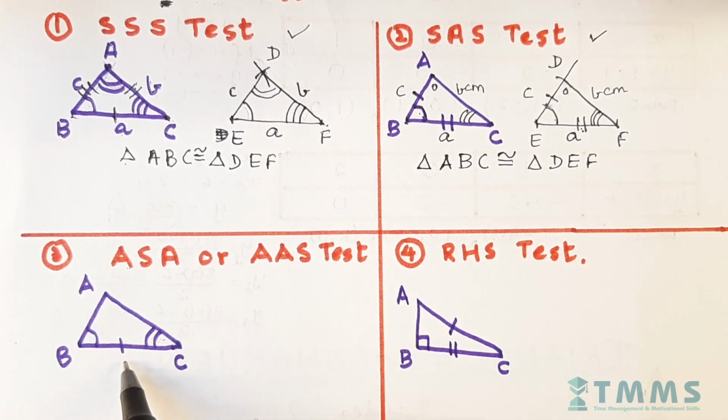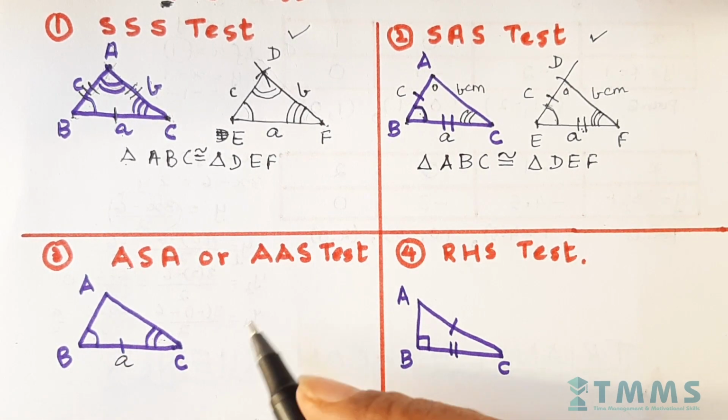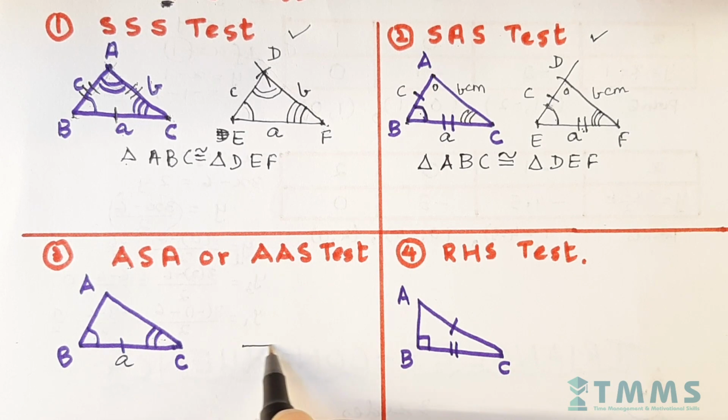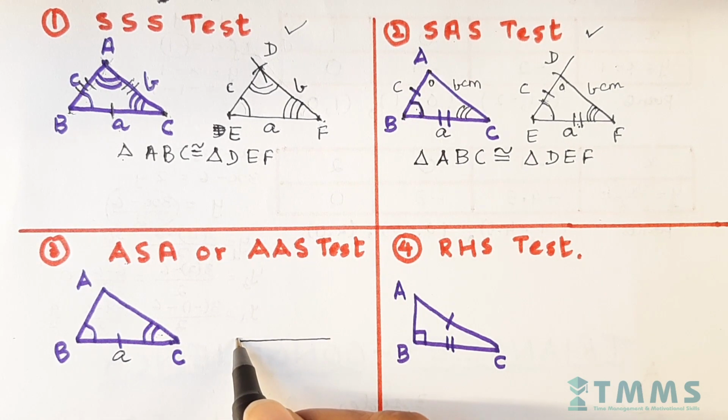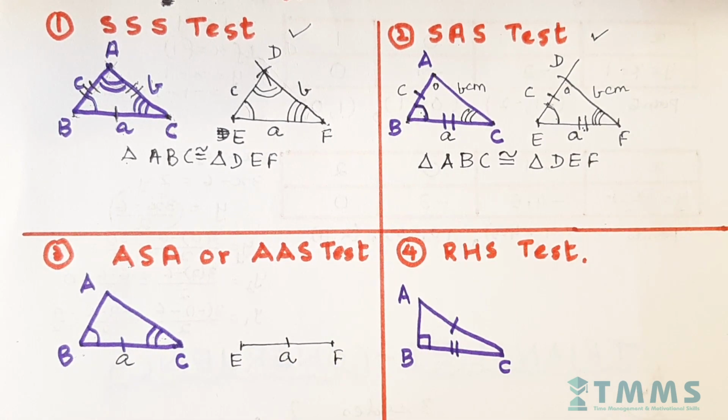We are going to say that BC is opposite A, so it will have A centimeter measure, and I'm going to draw a DEF triangle of the same measure. I will take EF as A, so BC is equal to EF.